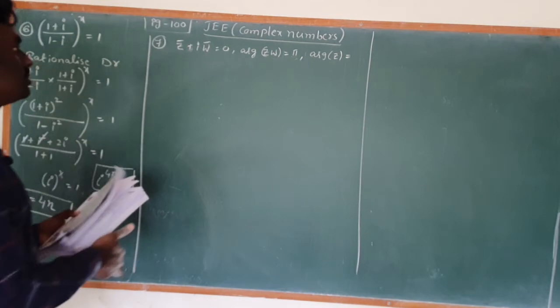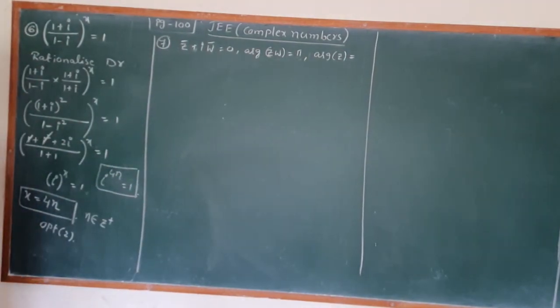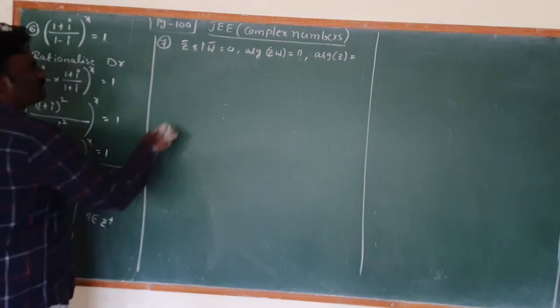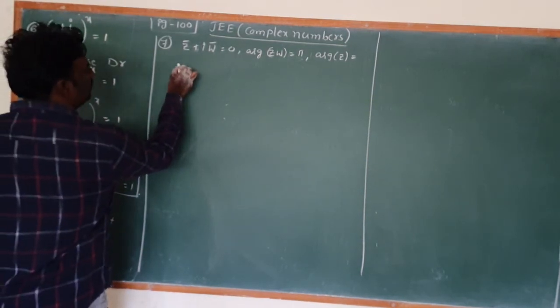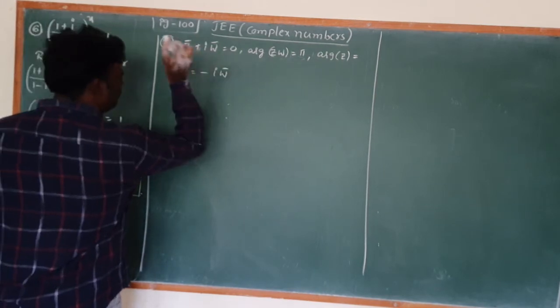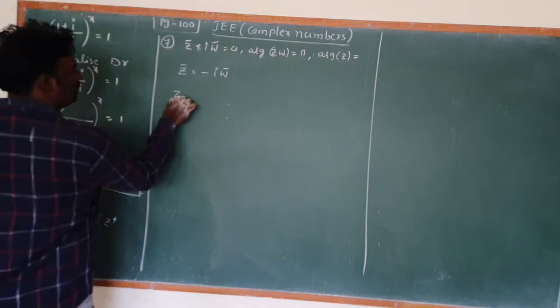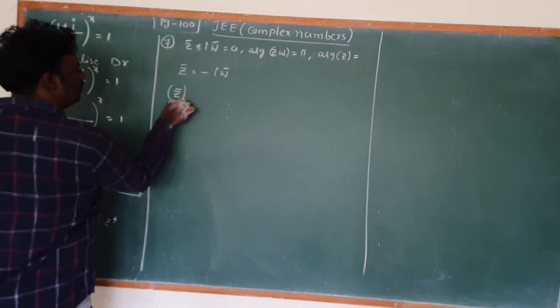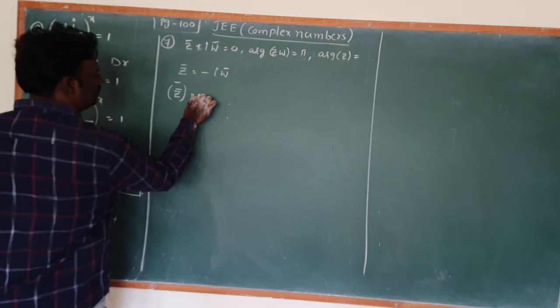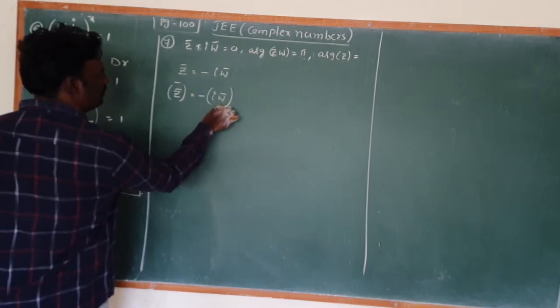Okay. So here z bar plus i into w bar equals to 0. So from this I can write z bar equals to minus of i into w bar. Next I am taking the conjugate for this z bar. Z bar whole bar equals to minus i into w bar whole conjugate.